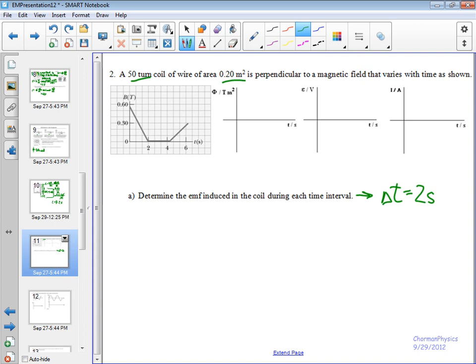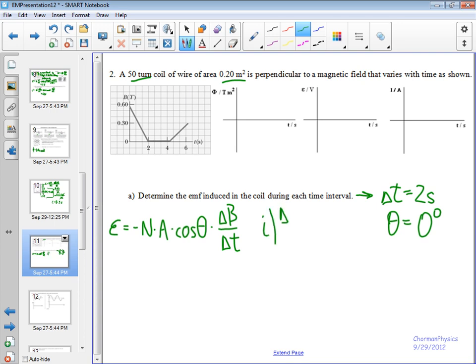And the only thing that's changing here, since the number of turns is constant and the area is constant, is B. When we solve for that, we have N times the area times cosine of theta, and theta, by the way, in this situation is equal to 0 degrees, times delta B all over delta t.